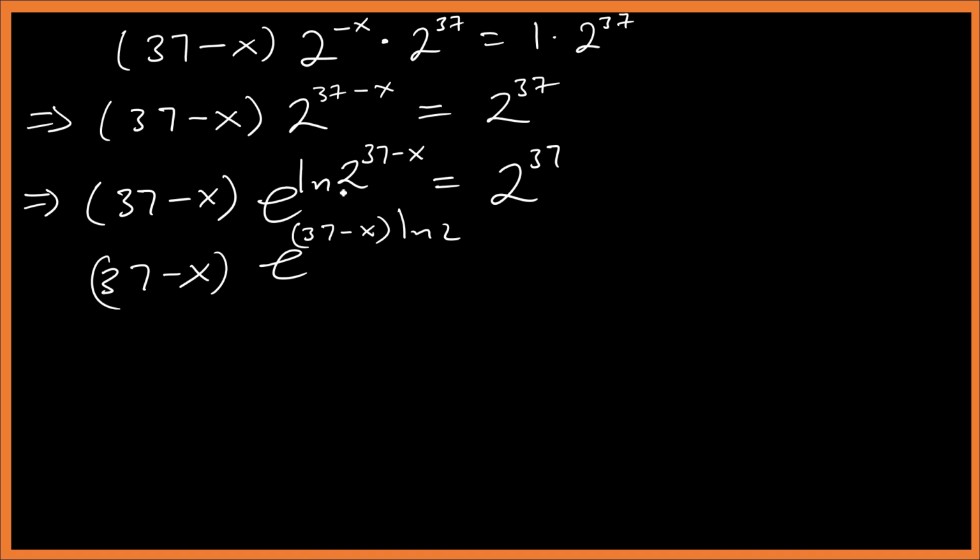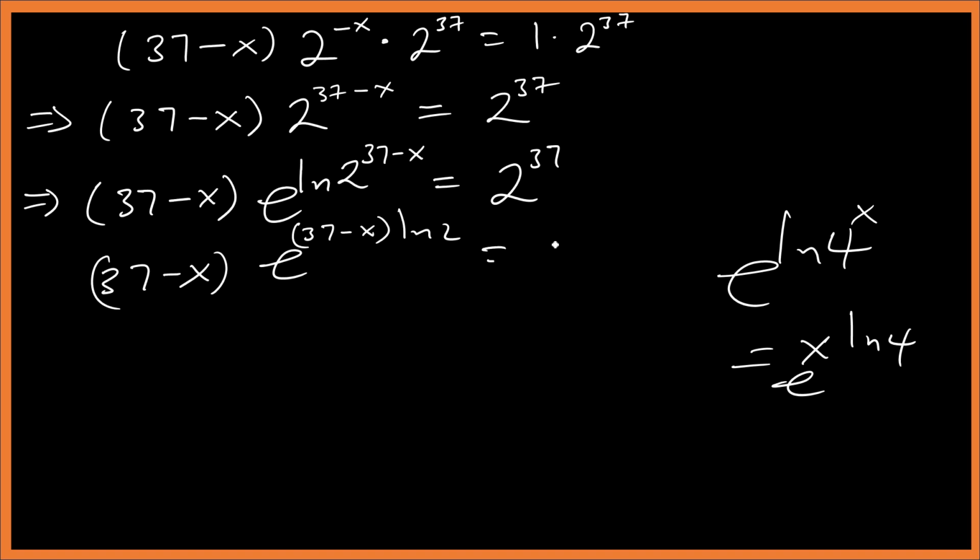So there's the ln of 2, then 37 minus x is here. It's like saying e raised to ln of 4 to the power x, which is the same as e raised to x ln of 4. So it's similar to this. Equals 2 raised to 37.